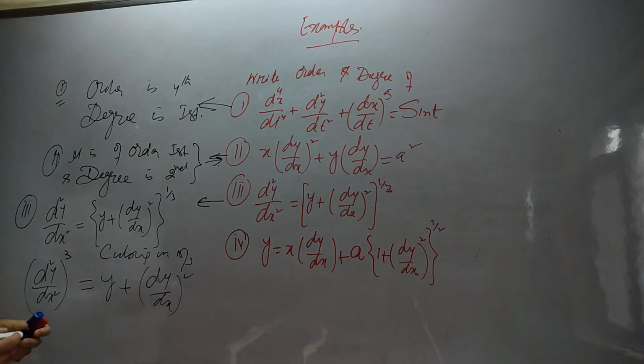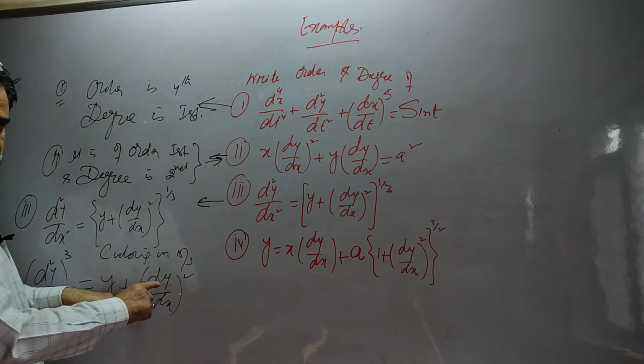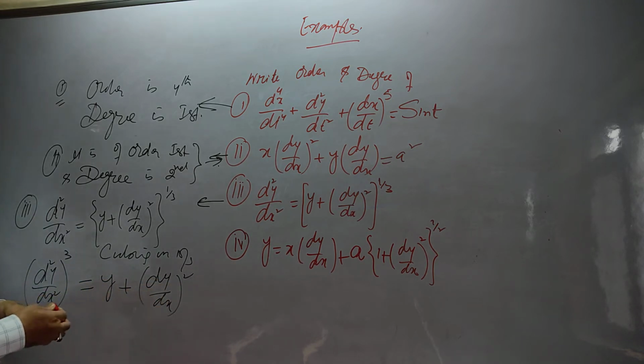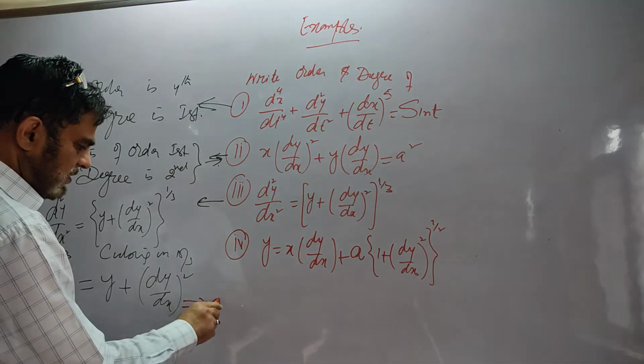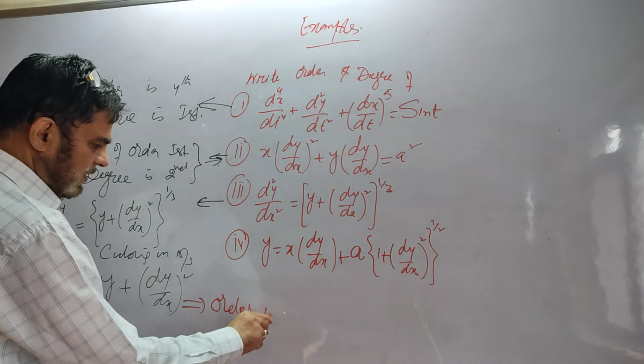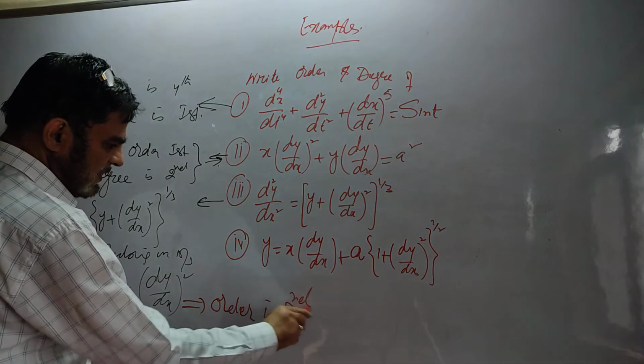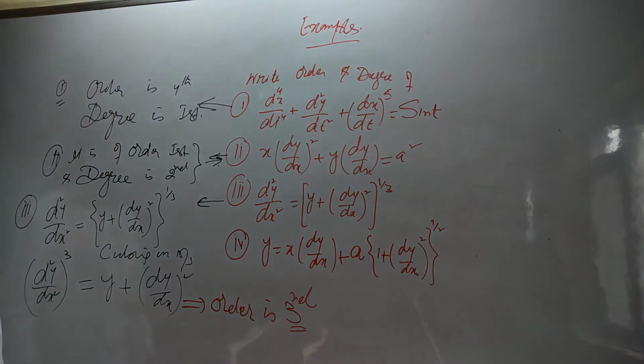And what is the highest order derivative? The highest order derivative is 2 here, d2y by dx square. This is first order, dy by dx. So the order of the differential equation is third. It is of order third.